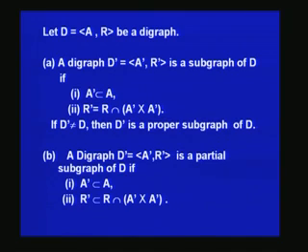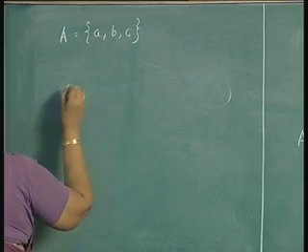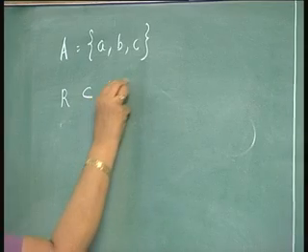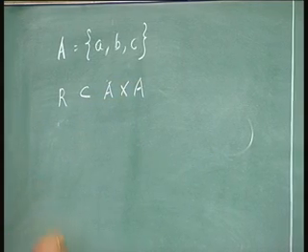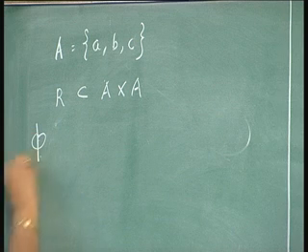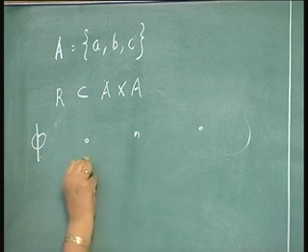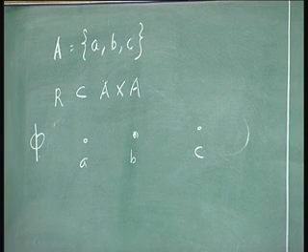Now, suppose let me take a set A again, A comma B comma C, and R is a relation, a subset of A cross A. Now, suppose it is the empty relation, it will be represented by a graph with just vertices and no edges between them.